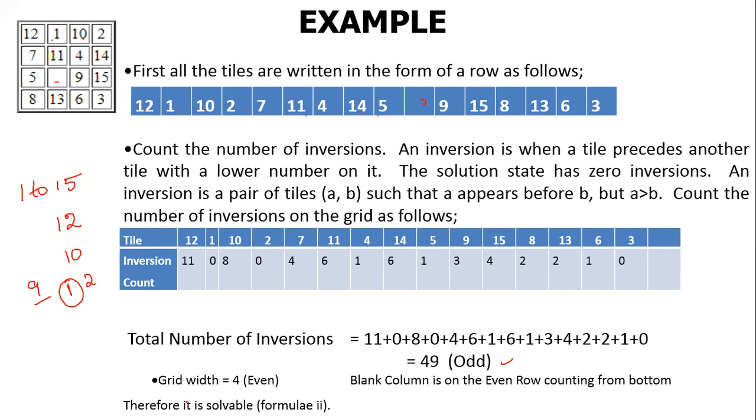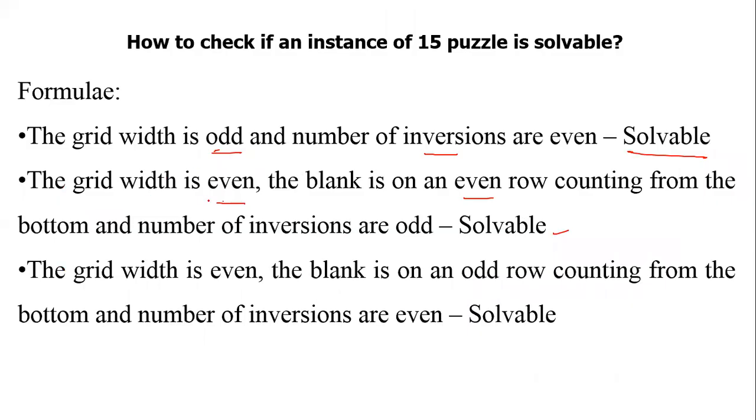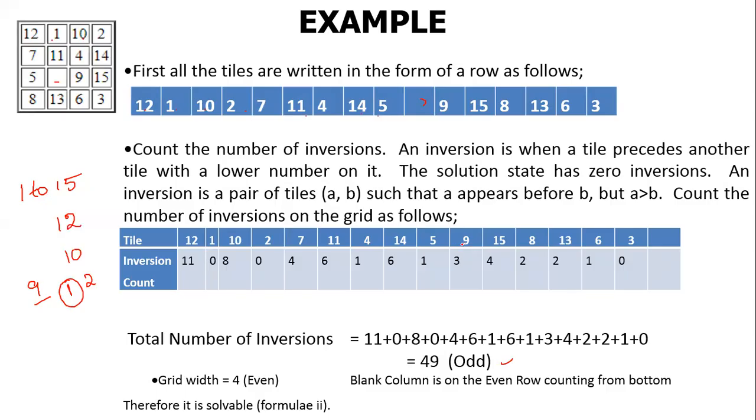So even grid width, even row, odd number of inversions. That's why this puzzle is a solvable puzzle, according to formula 2. So this is the 15 puzzle problem.